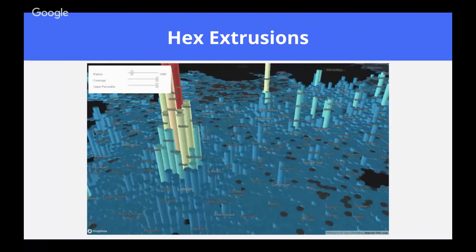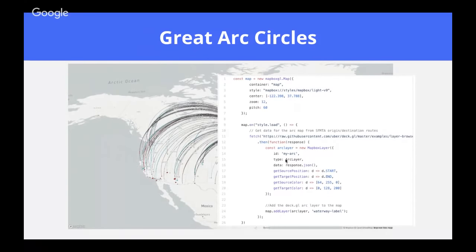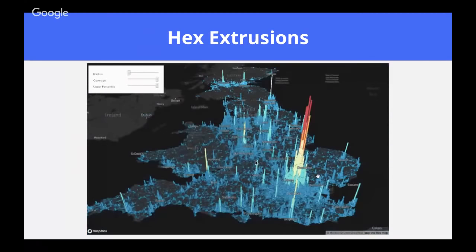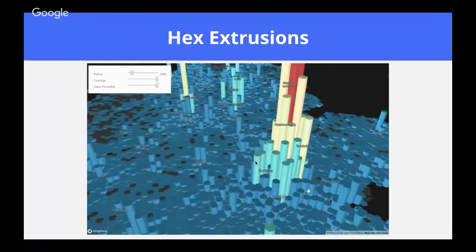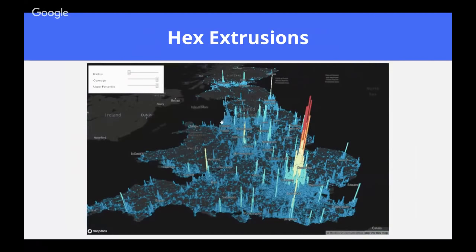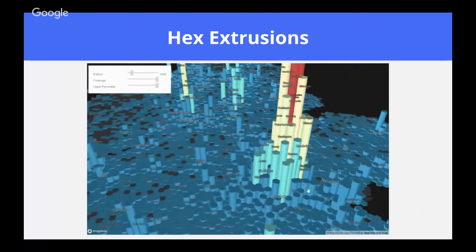So similar to here, where we saw adding a type of arc layer and a couple parameters, you can add in a type of hex bin, and then you can specify your style parameters, and you can create really amazing visualizations like this, which can handle a really extreme amount of data.